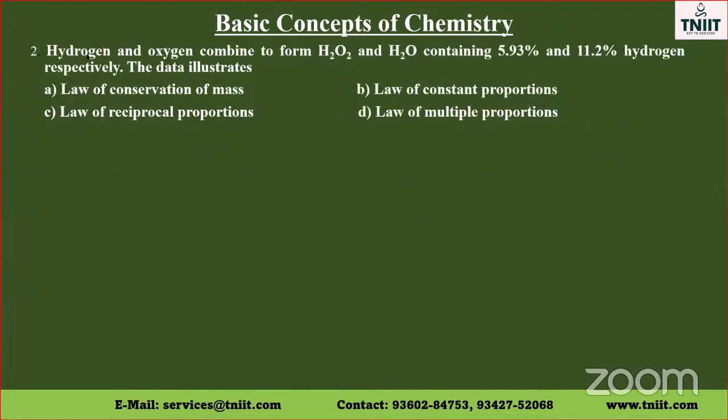Hydrogen and oxygen combine to form water and hydrogen peroxide containing 5.93% and 11.2% hydrogen respectively. The data illustrates. I think this is hydrogen peroxide and this is water. First one is hydrogen peroxide and the other one is water. So here you can see 5.93 and 11.2.